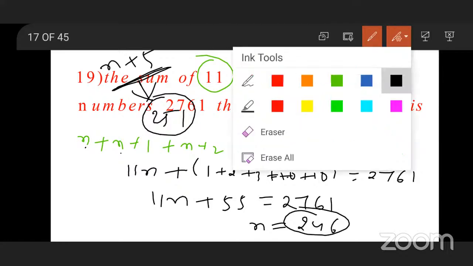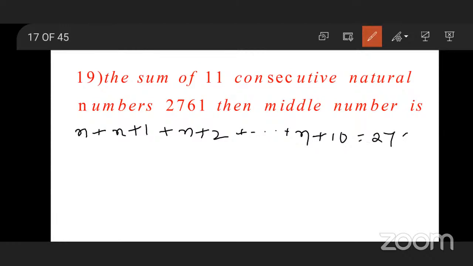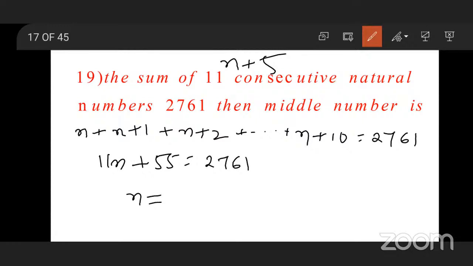Once again, I will repeat the concept. What is given? 11 consecutive numbers: n plus 1, n plus 2, and so on up to n plus 10, the sum is 2761. What is the middle one? Middle one is n plus 5. Find the n value individually. 11 n's are there, and 1 plus 2 plus 3 up to 10 is 55. So n is equal to 246.